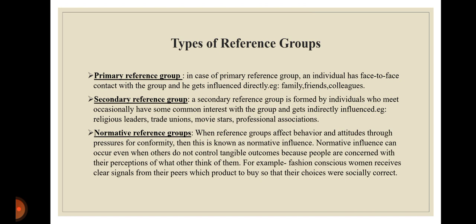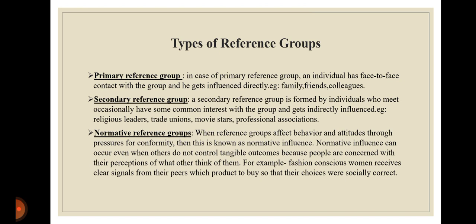Next one is normative reference groups. When a reference group affects behavior and attitudes through pressure for conformity, this is known as normative influence. Normative influence can occur when others do not control tangible outcomes, because people are concerned with their own perception and their own thinking.